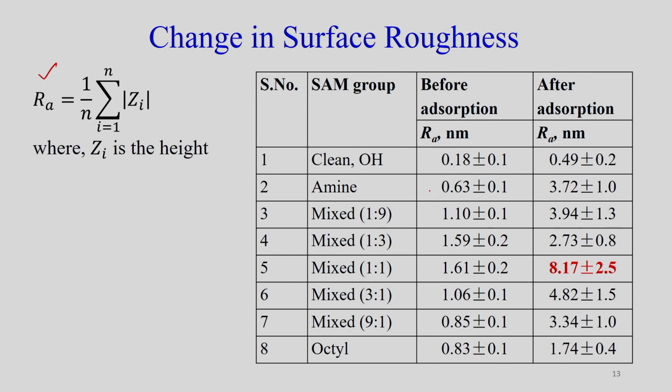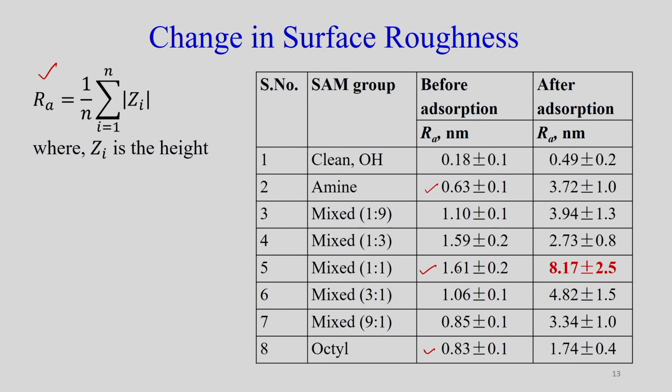So, it is 0.63 on the amine surface, 0.83 on the octyl surface, and on the mixed 1,1 it is a maximum, 1.61. Now, after the adsorption or aggregation, it has increased by many folds on all the surfaces. So, you observe a maximum of about 8 nanometer on the mixed 1-1 surface.